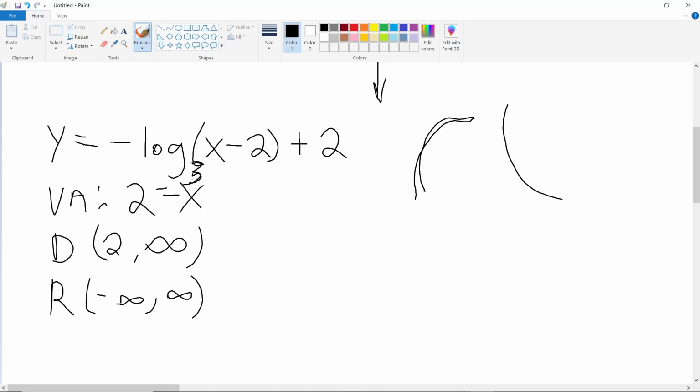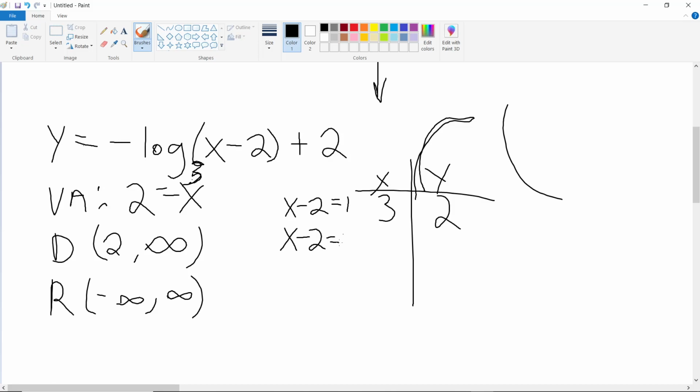So I want x minus 2 to equal 1. And to get that, I add 2 to both sides, x equals 3. Now let me plug 3 in there. 3 minus 2 is 1. The log of 1 is 0. Negative 0 is 0, plus 2 is 2. Then I want it to equal 3. x minus 2 equals the base, 3.